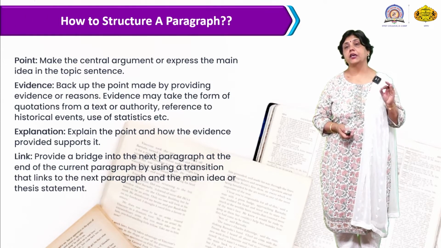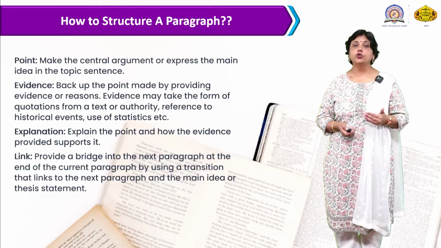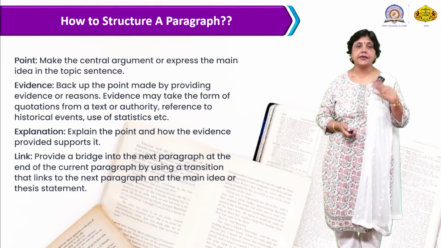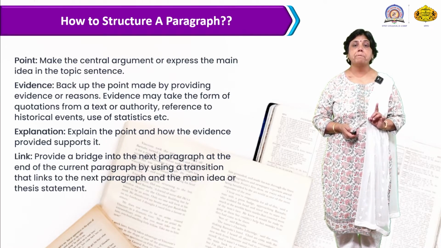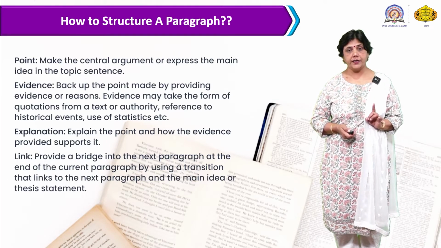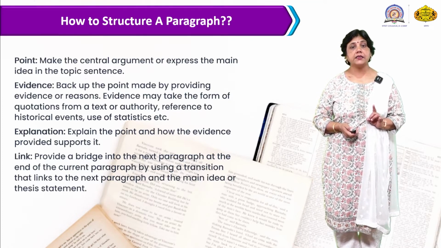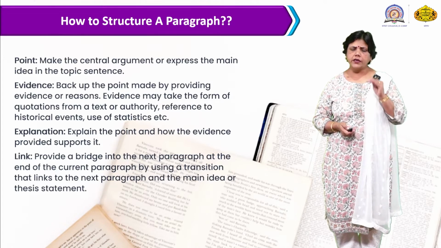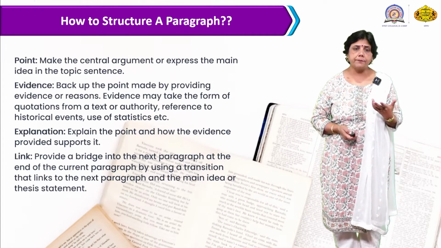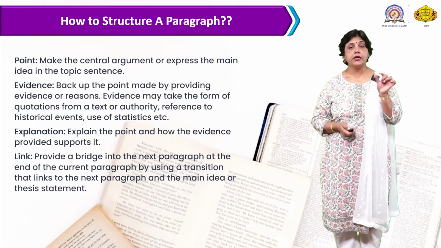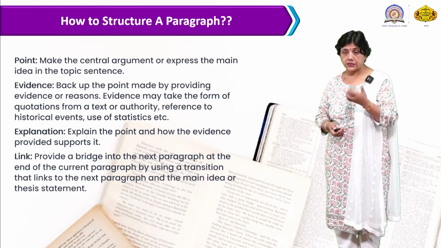How to structure a paragraph. These are the steps to develop or to plan a paragraph. So the first point is to make the central argument or express the main idea in the topic sentence. Whatever topic you select to write a paragraph, for that you need to develop a topic sentence like my mother is a busy person.